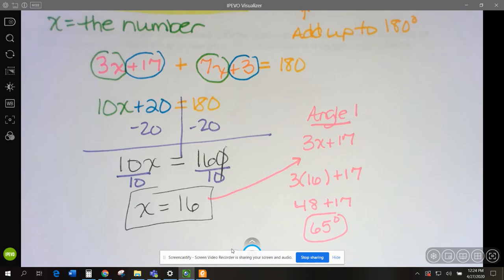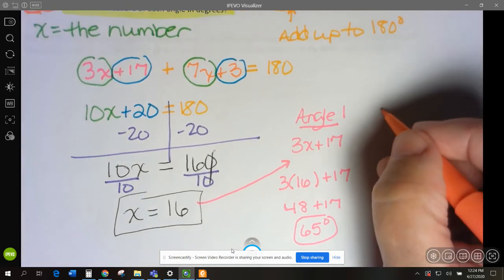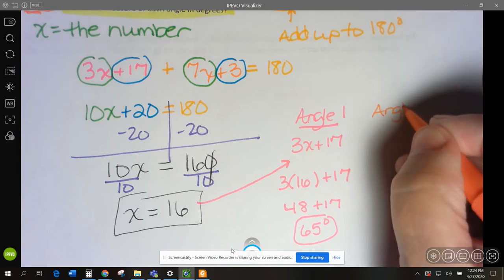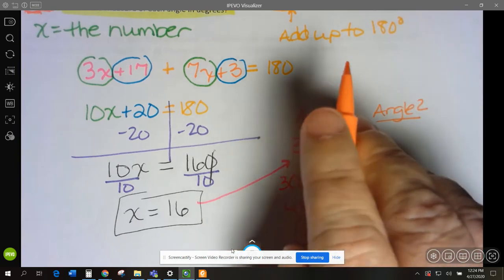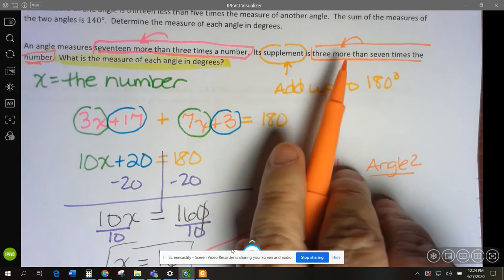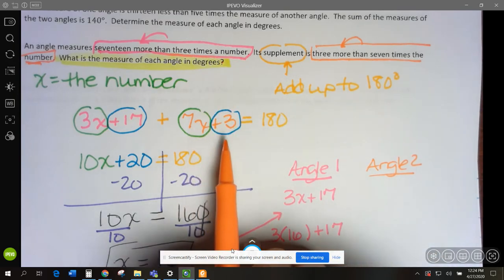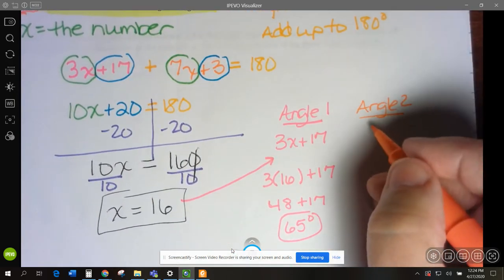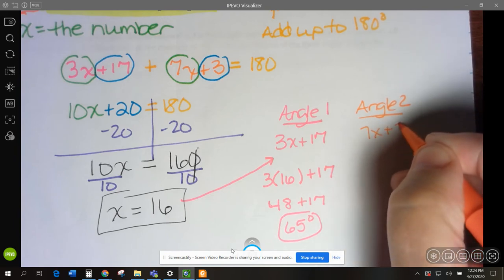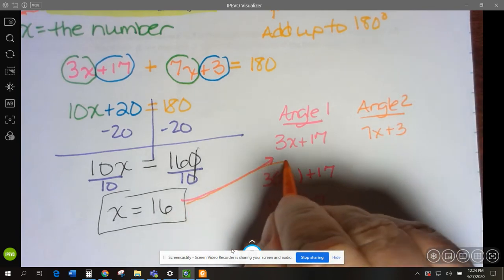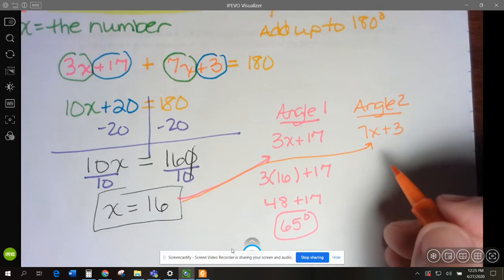Let's look at angle 2. Our equation for angle 2 was 7x plus 3. So 7x plus 3, we've got to take our 16 and put it in for x.